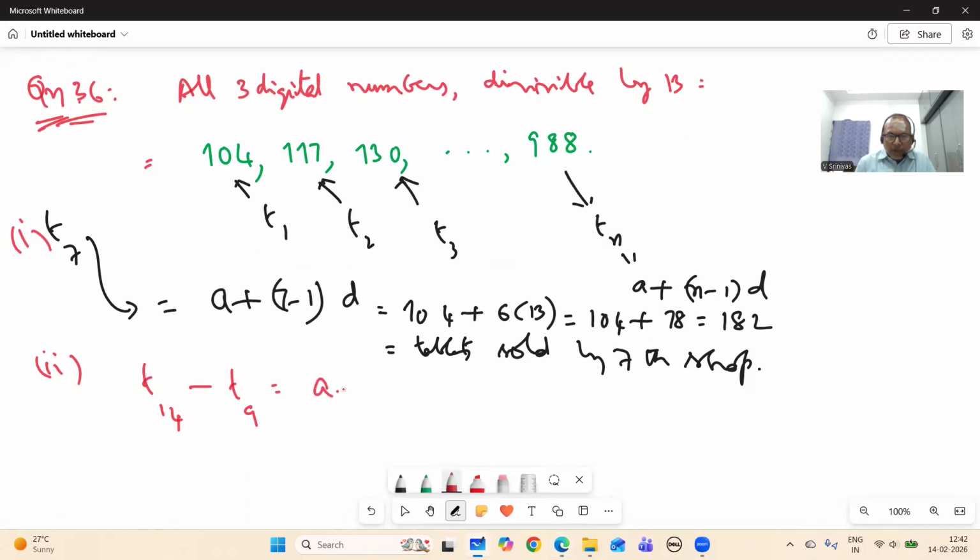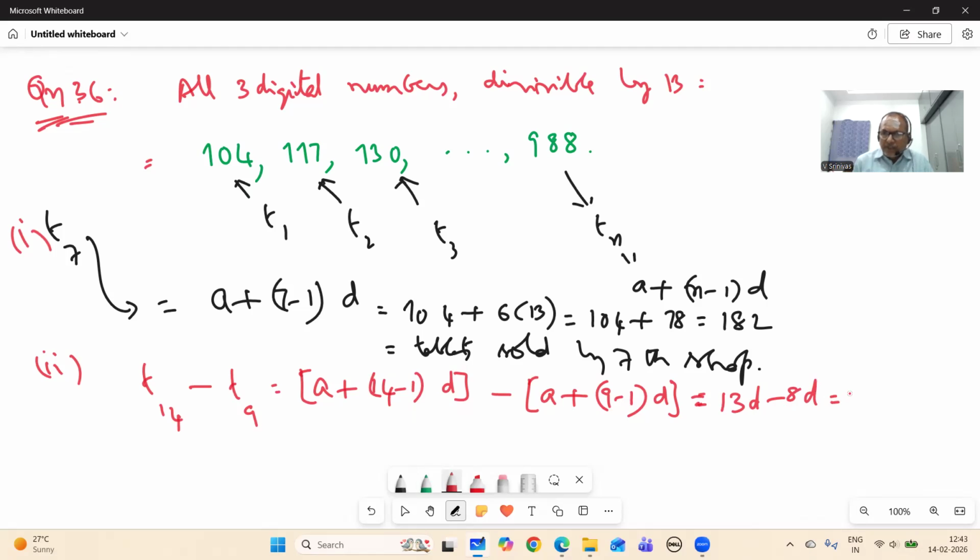T14 is A plus 14 minus 1 into D. These many tablets the 14th pharmacy sells, and then the 9th pharmacy sells how many tablets? It is A plus 9 minus 1 into D. How much is this? A cancels, and 14 minus 1, 13D, I'm sorry, this is 13D minus 8D.